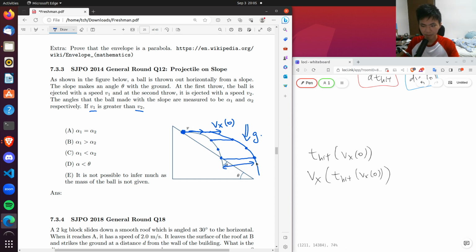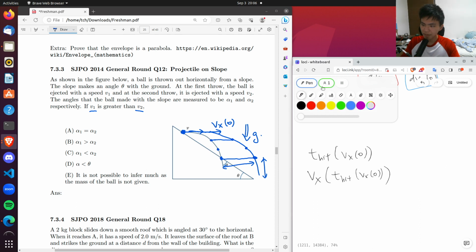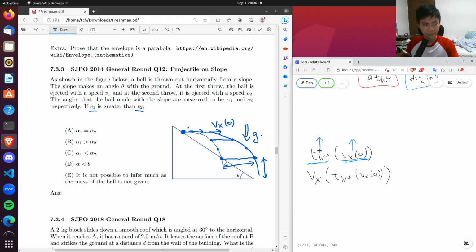And because of this horizontal distance, even though it's at the same height as the ball that was thrown slower, it has traveled further and there's more distance for it to fall. So hence, we can deduce that as Vx naught increases, T hit also increases. That's a very intuitive reasoning.